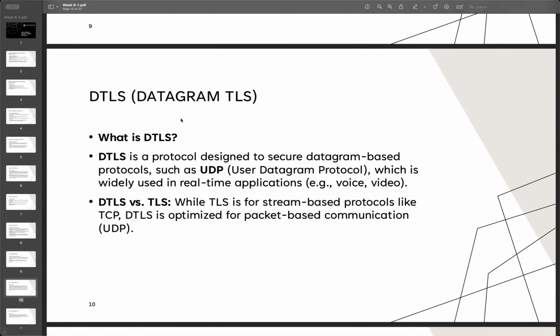And another one is called Datagram TLS, so it's TLS with a D. Datagram TLS is a protocol designed to secure datagram-based protocols, such as UDP, the User Datagram Protocol, which you use for real-time applications, voice or video.